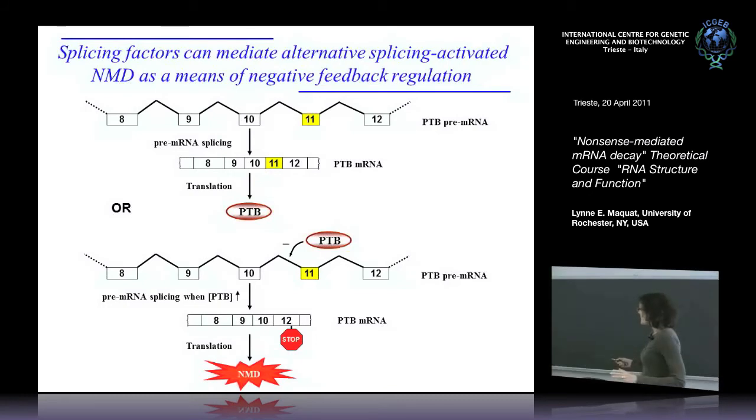So normally, PTB is produced with exon 11 retained within the pre-mRNA. But when the intracellular concentration of PTB becomes too high, PTB feeds back on its own splicing pattern so that exon 11 is skipped. This results in a shift in the reading frame, the generation of a PTC in exon 12, and NMD.